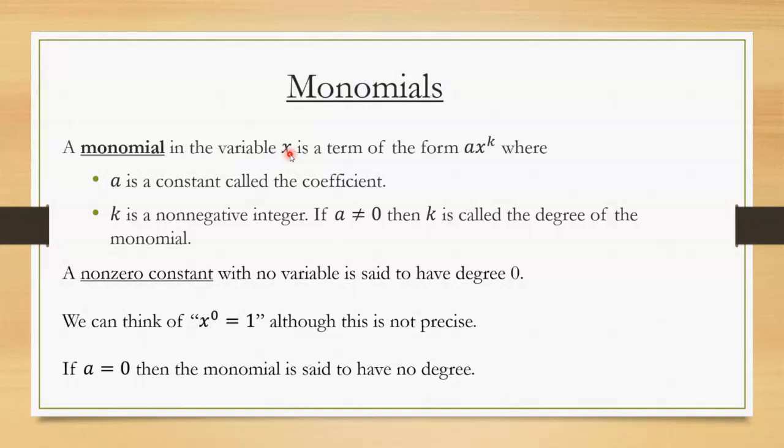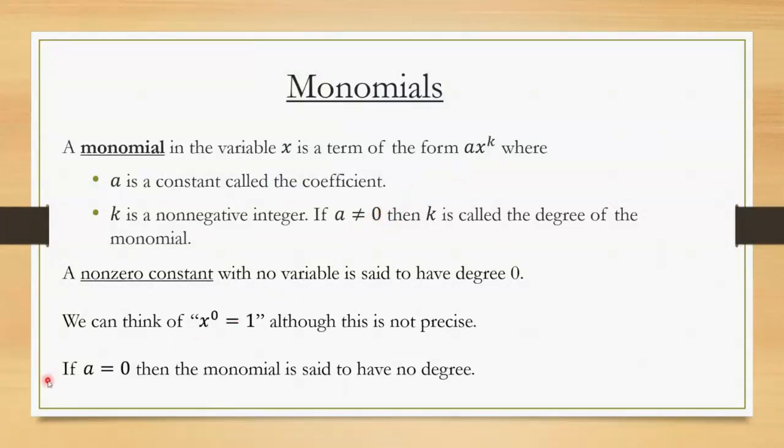But for now, we can think of x to the 0 as 1. It's a little convention, and it will come up again when we get to really fun stuff, factoring. You're going to love that, at least I will. But anyway, a non-zero real constant is a monomial of degree 0.